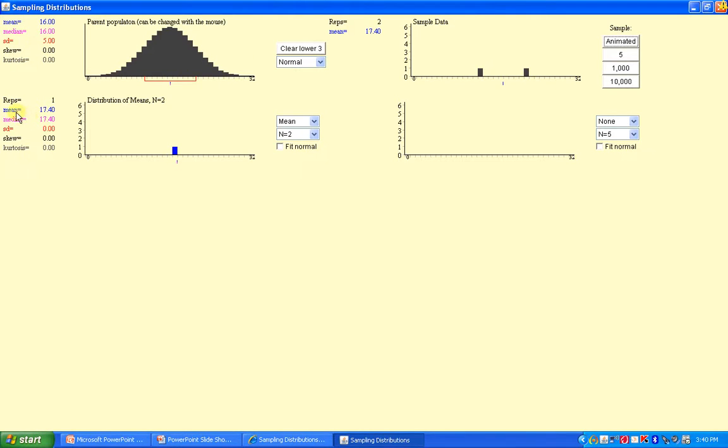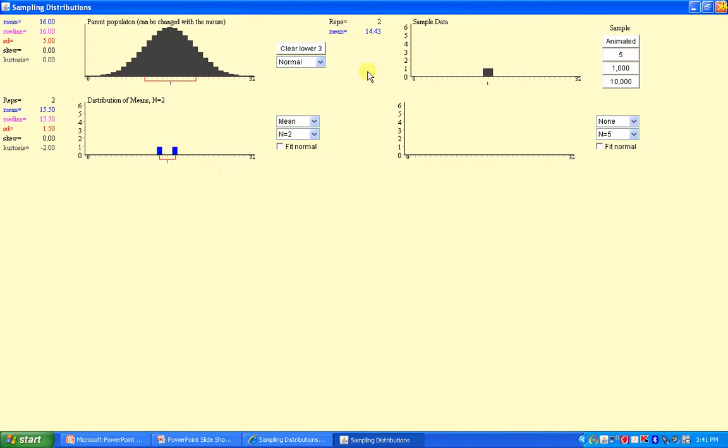The mean at this point was 17.4. So let's do it again. Get those 2 points. We get a mean here, and now our mean slid back down to 15.5.